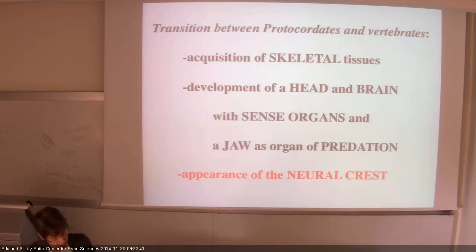Now, let us leave this for a minute. During evolution, there has been a very important process which is called cephalization. You have seen that in the first slide I showed you. Namely, the size of the head has increased enormously up to ours and up to that of primates.